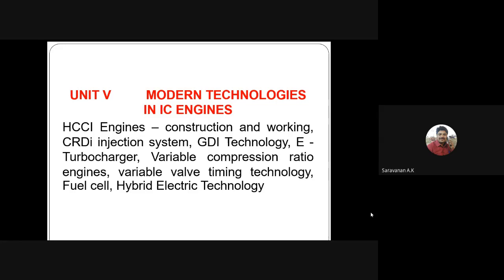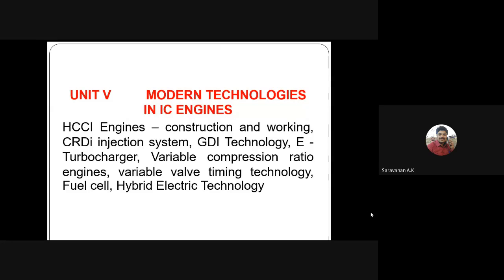In this unit we have to cover HCCI engines, CRDI injection, GDI technologies, turbochargers, variable compression ratio engines, variable valve timing technologies, hybrid electric vehicles, fuel cells, and hybrid engines.